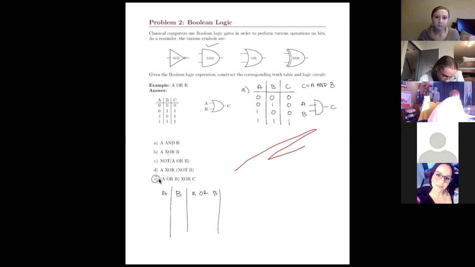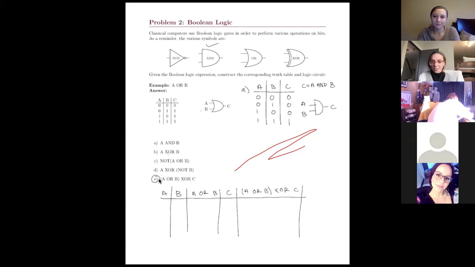Then I would do my C column. And then finally the answer, which is A or B or C. If you do it like this, you're never thinking about more than 2 columns each time.